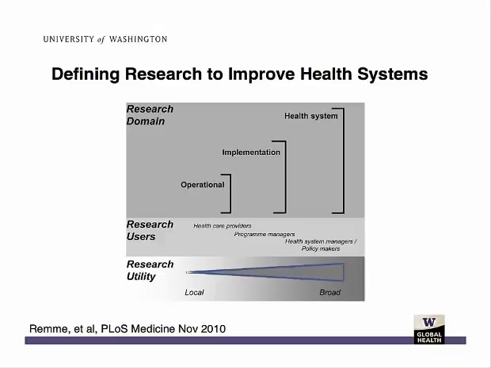And according to the authors of this article, which was published before the Montreux Health Systems Global Conference in 2010, operational research or operations research focuses on healthcare providers and to a limited degree program managers as the major utilizers of the research results. And the utility of the research is really to answer questions at the local level with very minimal application to broader areas.